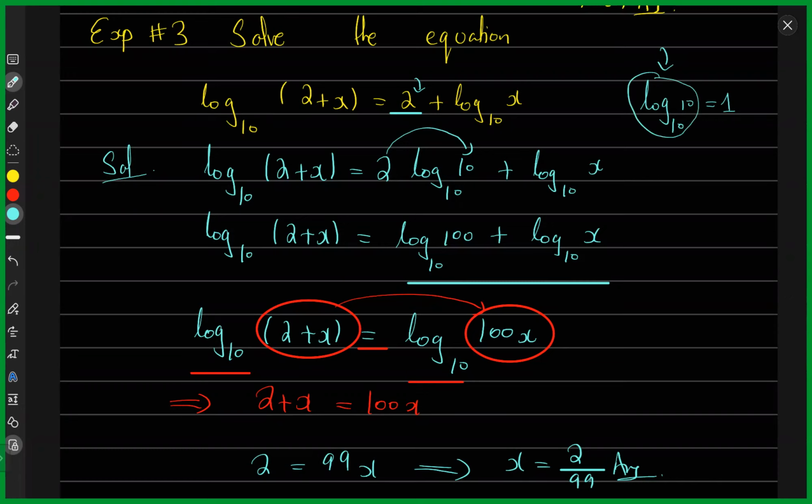I've used some basic log properties. We had a plus sign here, so I multiplied these two numbers, and at the third step, what I had was basically log on both sides. The base was the same and they were equal, which meant that 2 plus x would be equal to 100x. And then by making x the subject, I got the value of x, that was 2 by 99.